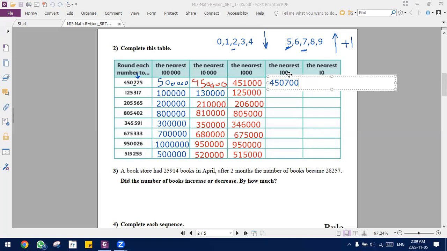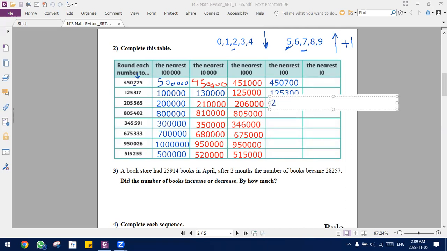So it's 450,700. So the last value that I should have is the 100. Why? Because it's round to the nearest 100. Now let me complete them. 300. Then 500 will be 600. Then 402 will be 400.